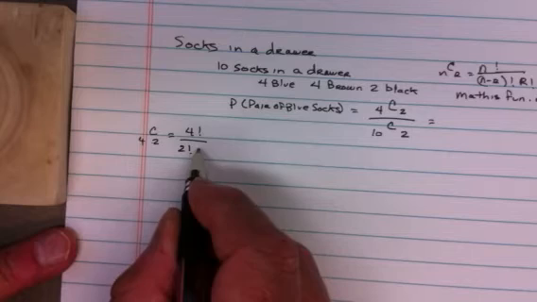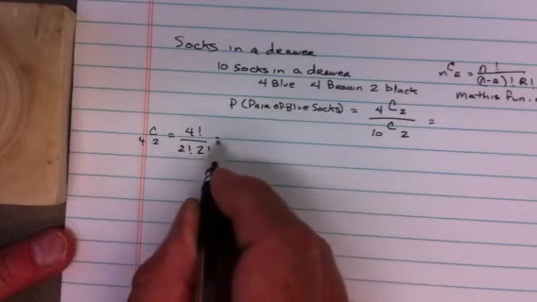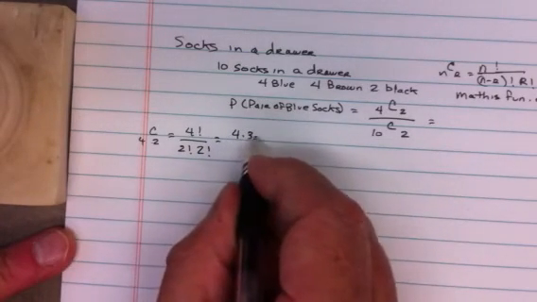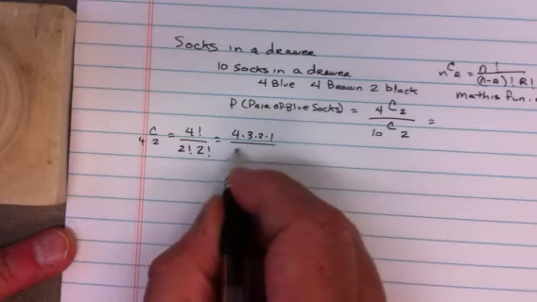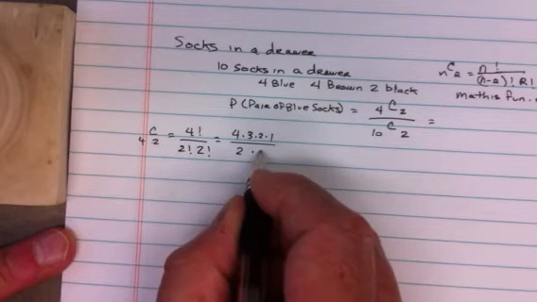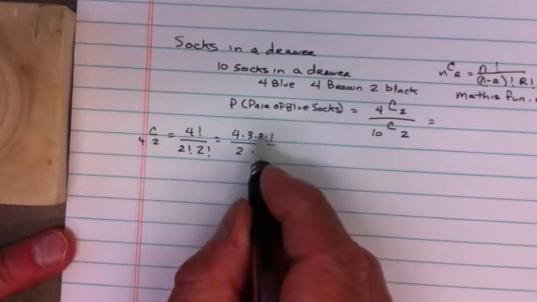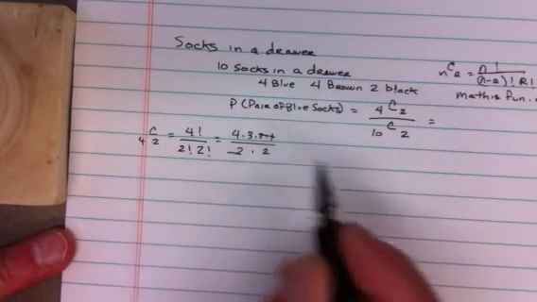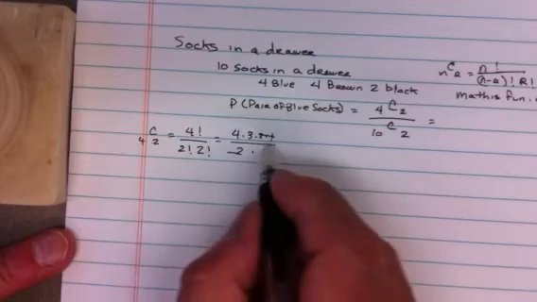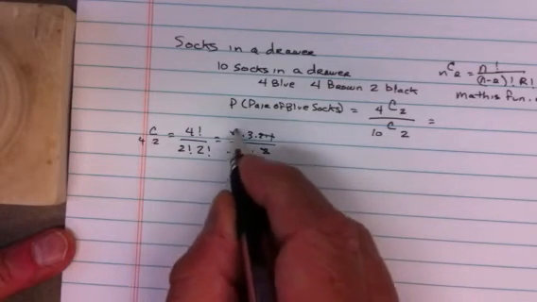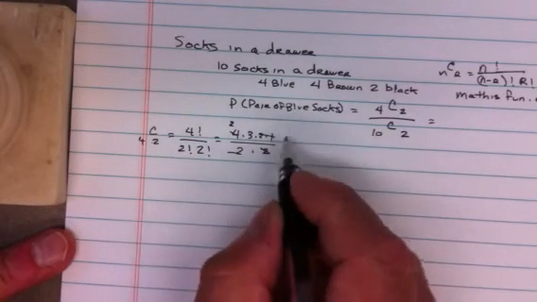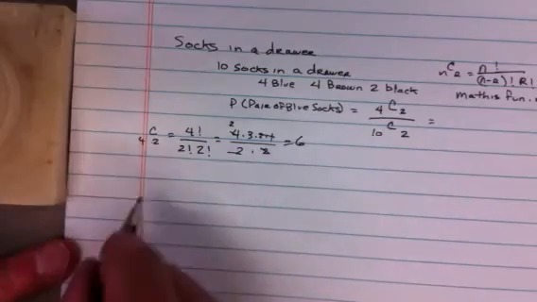And then the r is 2 factorial. So you get 4 times 3 times 2 times 1 over 2 times 1 and 2 times 1 for the denominator. You can see that some things cancel out here. 2's cancel out there. We can do more canceling, 2 and 2 here. So we get 6 for a numerator.